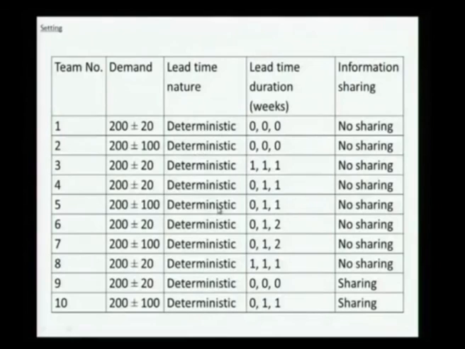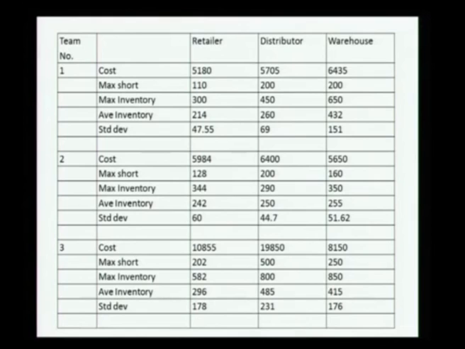So with variation we could see that the average inventory increases a little bit. Now between groups 1 and 3 there is a clear difference in lead time. So when we look at groups 1 and 3, the maximum inventory increases, which is an effect of the difference in lead times. So when there is increased lead time, the maximum inventory in the system will also increase.